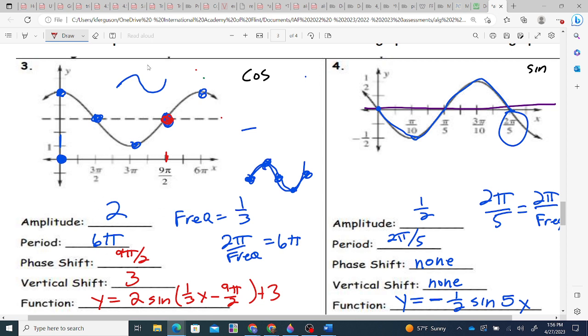So that's where, if we use this as a sine graph, how much it would move over.